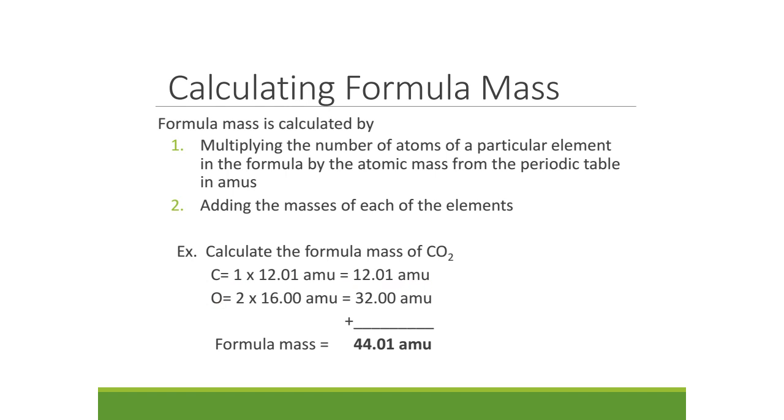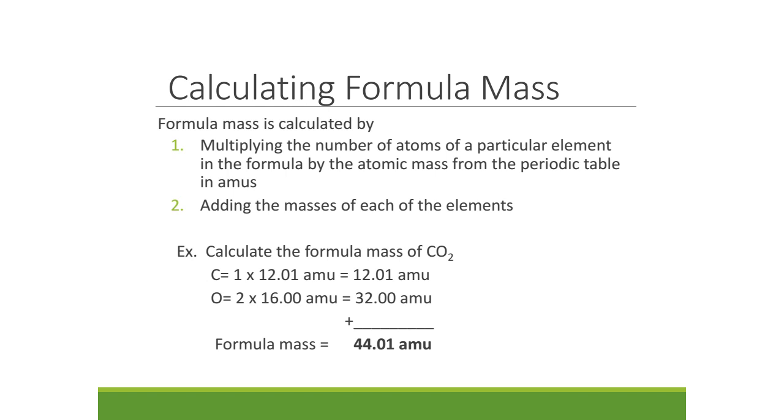Then we do the same thing for oxygen. 2 oxygens in our formula, CO2, and the formula mass for oxygen is 16.00 AMU. So the formula mass for our oxygens is 32.00. Then we add those together, and the total formula mass for CO2 comes out to 44.01 AMU.